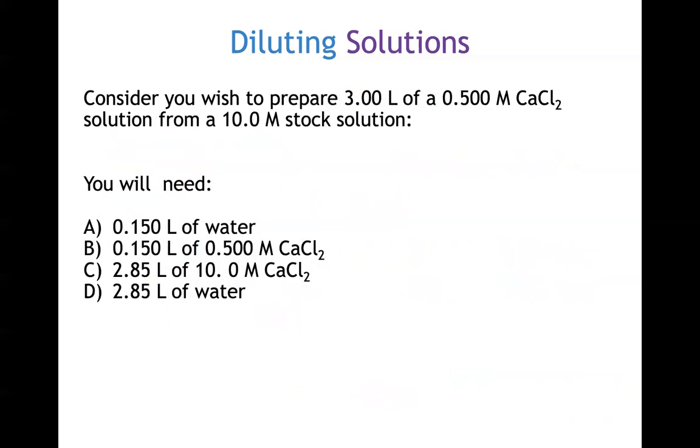All right, so now we're going to work out some problems. Consider you wish to prepare 3 liters of a 0.5 molar calcium chloride solution from a 10 molar stock solution. What do we need?